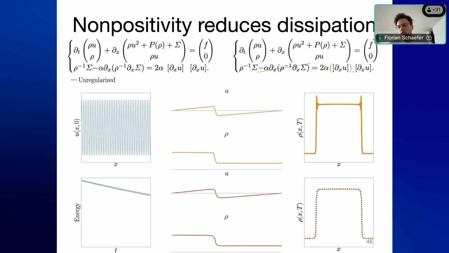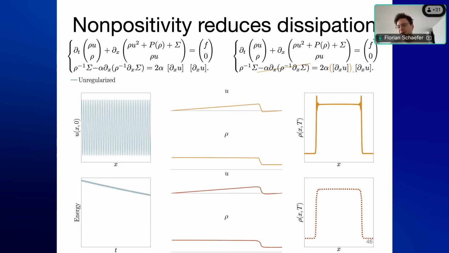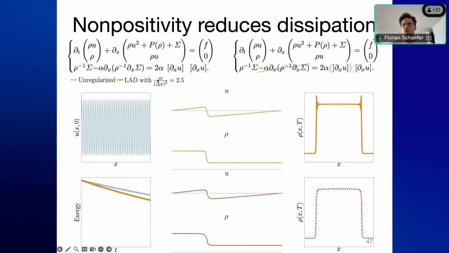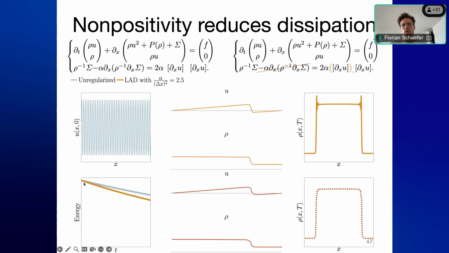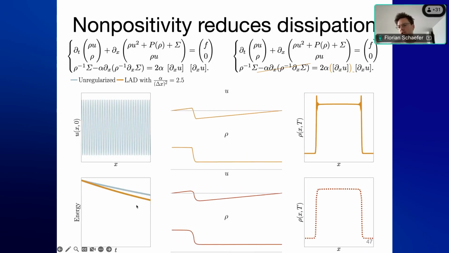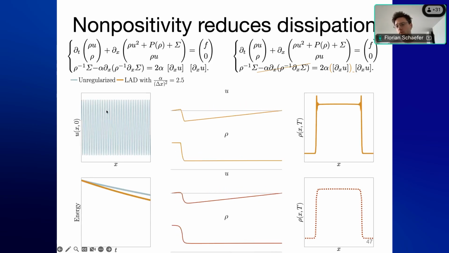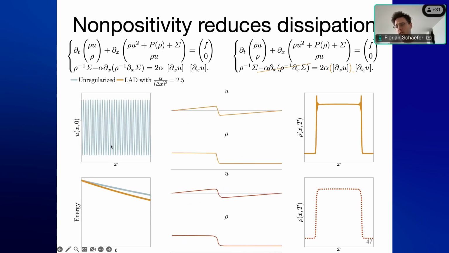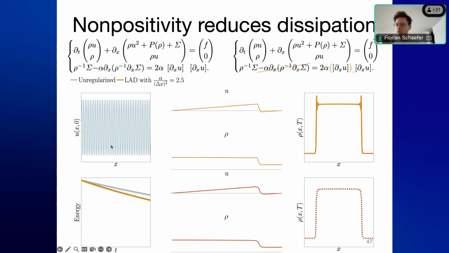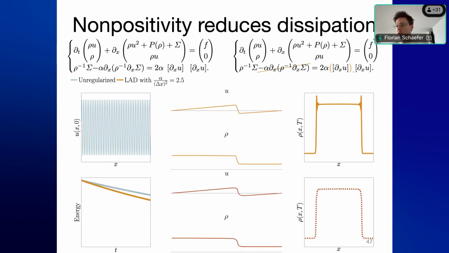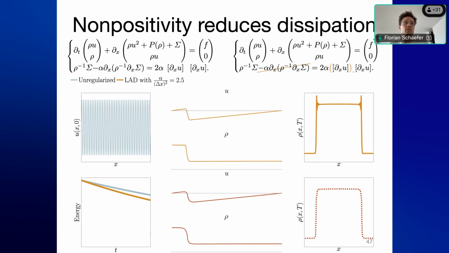The second difference is when we're dealing with this other extreme, the high frequency sound waves, where we see that if we use this local artificial diffusivity, we observe additional energy dissipation. Basically this happens because every downward slope of the signal looks like it could be a shock, and so the local artificial diffusivity adds a little bit of viscosity to it, and so it leads to additional energy dissipation.